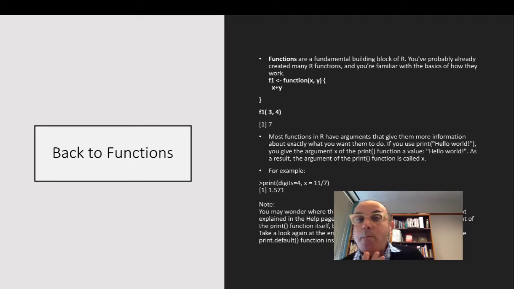But we need to go back to the functions. As I said before, and I will say it again throughout the semester, functions are the building blocks of R. So you probably created a function, and it probably works as follows. A function with x and y, and it has a return value, and this is what it will do.